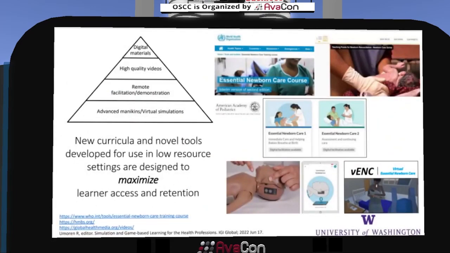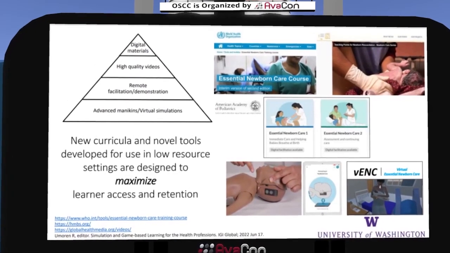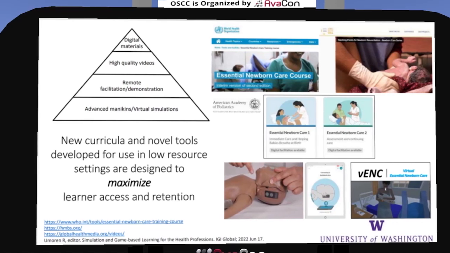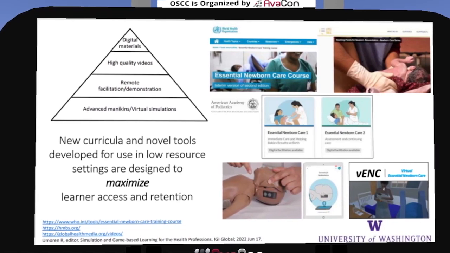So there are a range of ways that educators have been trying to address this issue. Over the last couple of years in particular, there have been new curricula and novel tools developed for use in low resource settings. And the goal has really been to maximize learner access and retention. But as we all know, just talking at people through a lecture or even giving them a video to watch is very passive learning, and we want our learners to be actively engaged.